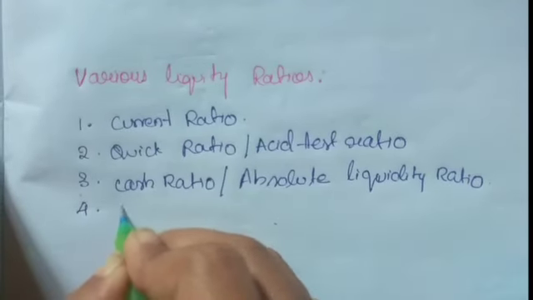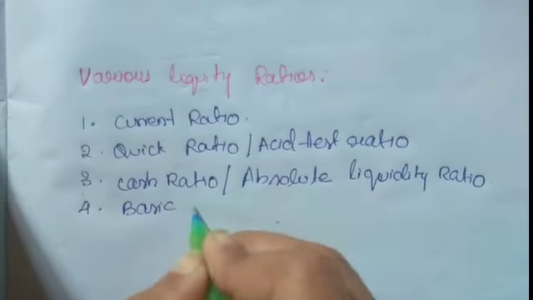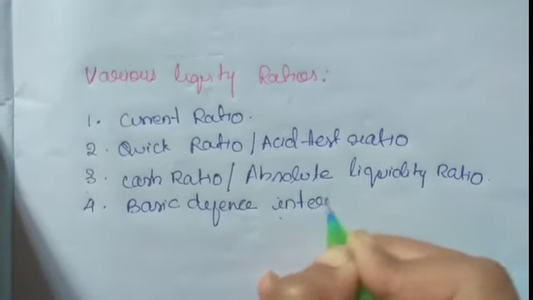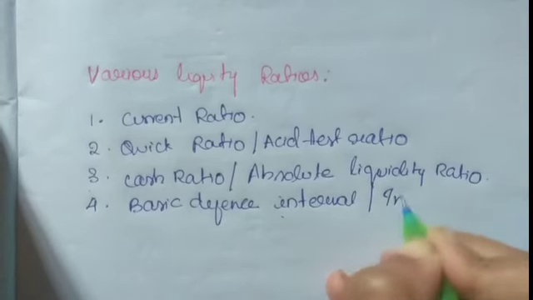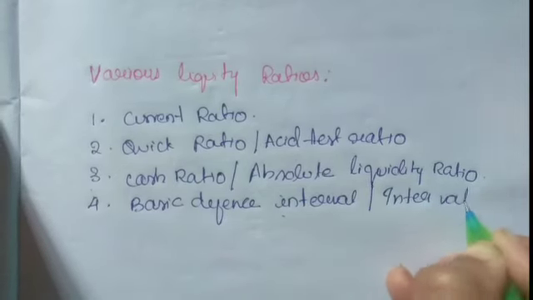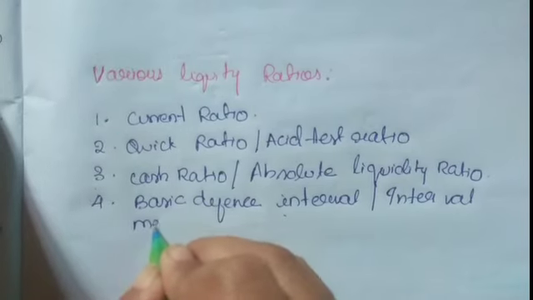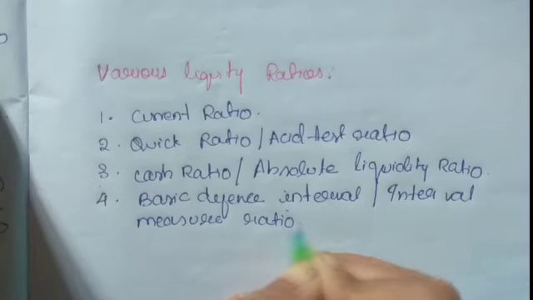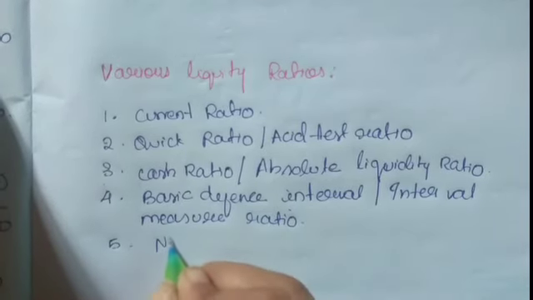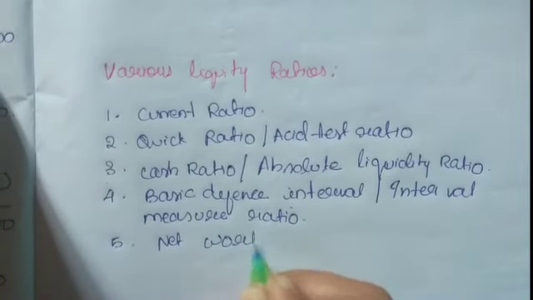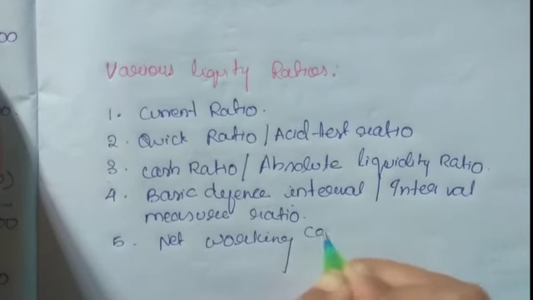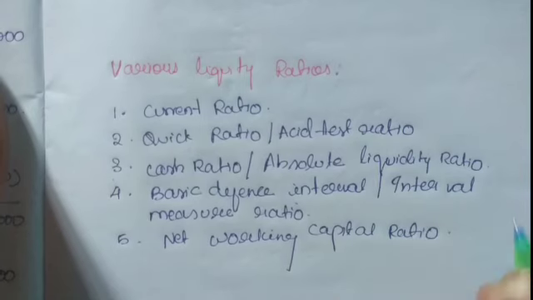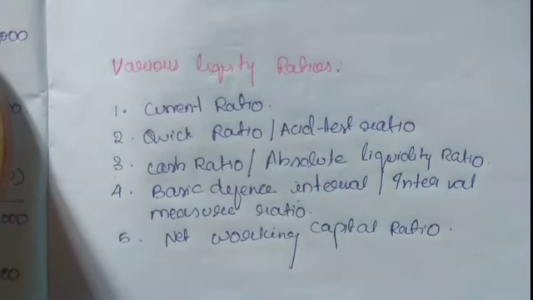Fourth one will be basic defense interval measure ratio. Fifth one is net working capital ratio. Each of these we'll discuss in detail.